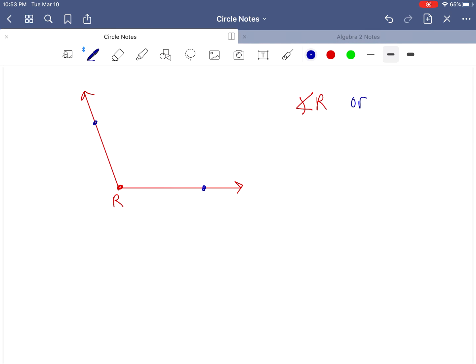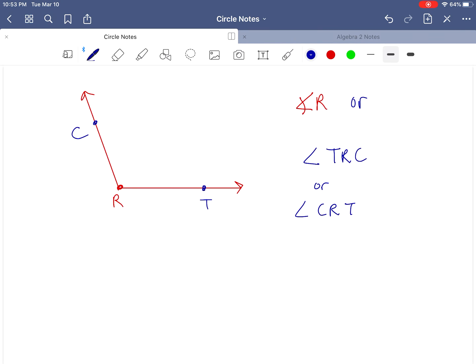So I could name this angle TRC, or you could call it angle CRT. But notice when I use the 3 letters, I always put the vertex in the middle. So that's very important when you're naming an angle, that the vertex is always the middle letter.